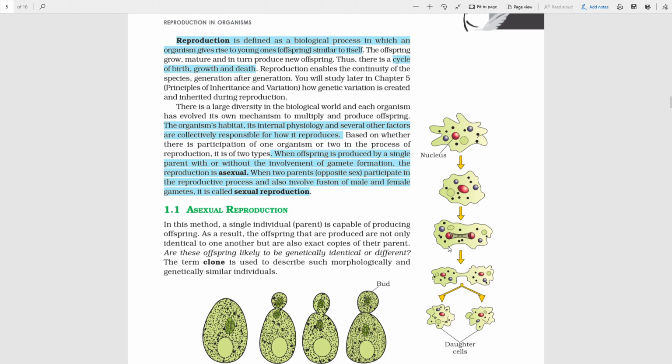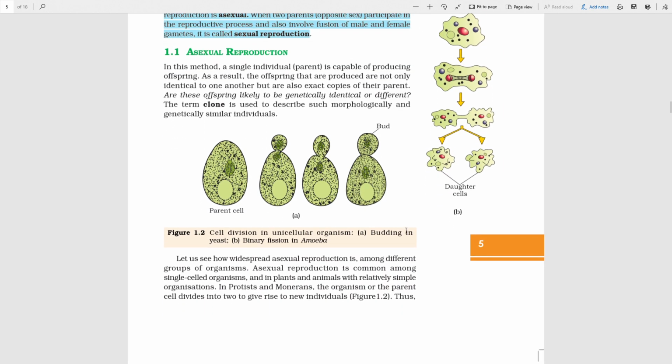You see the constriction which has caused the parent cell to divide into two daughter cells. But in our case, when it comes to humans, when there is a male and a female, and a reproductive process in which there is a fusion of male and female gametes from the male and female parent respectively, then it's called sexual reproduction.